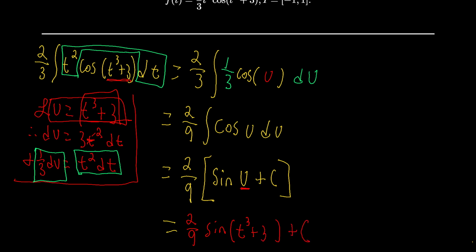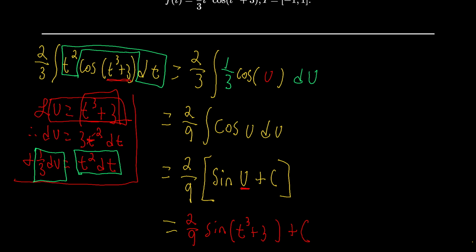Once you've done the integration. U substitution is a technique that helps you integrate functions. Once you've already done the integration, that is, you're not writing the integral symbol anymore, you don't have to keep the u's. Put your u's back. Okay? So there we go. That's the answer. That's the whole thing. 2/9 sine of t cubed plus 3 plus some constant c.